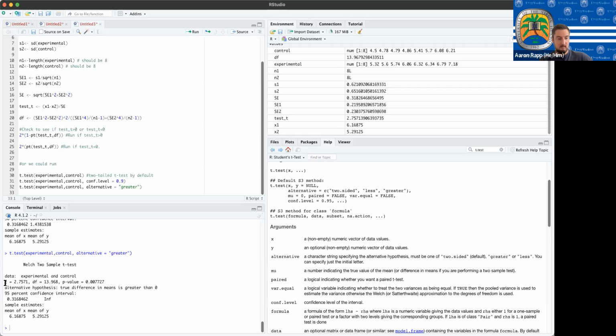Notice, same t-value, same degrees of freedom, but then it reports that one directional p-value. And a true difference in means is greater than 0. What that's just saying is mu1 minus mu2 is greater than 0, which if I just added mu2 to both sides, is the alternative hypothesis that we were talking about, mu1 is greater than mu2.